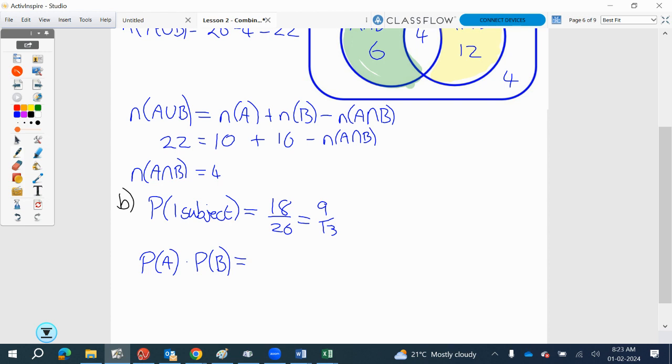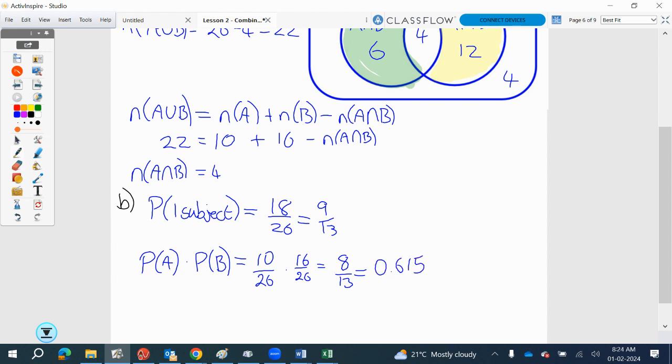There's 10, so 10 out of 26. How many choose history? 16. 16 out of 26. What does that give us as a fraction? 8 over 13. Can I have a decimal, 3 significant figures? 0.615.